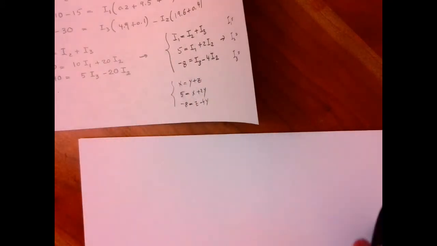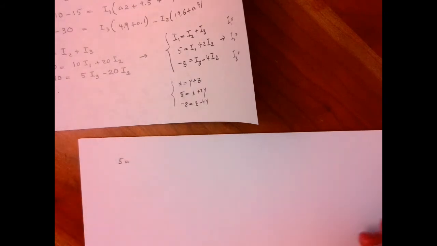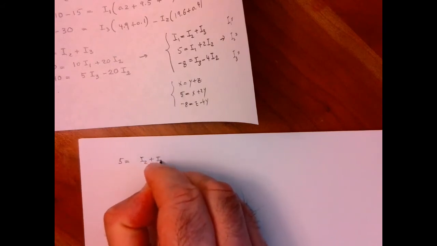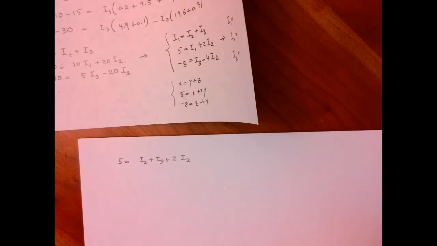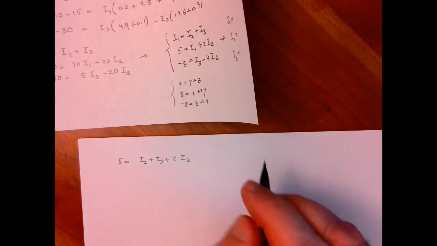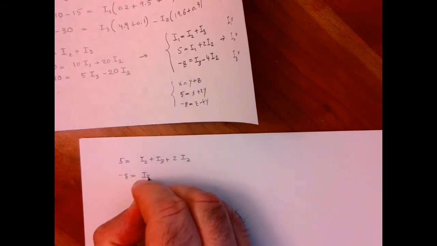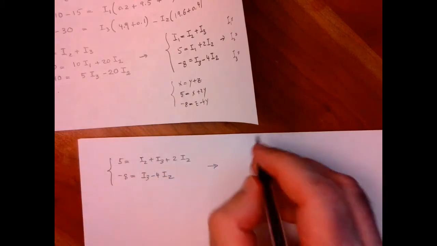So we have this system of equations that we can solve. My suggestion is to plug I1 from the first one into the second. So the second equation becomes 5 is equal to I2 plus I3 plus 2I2. I replace I1 by I2 plus I3, and the third equation stays put, I3 minus 4I2. Not sure why my online calculator didn't work.